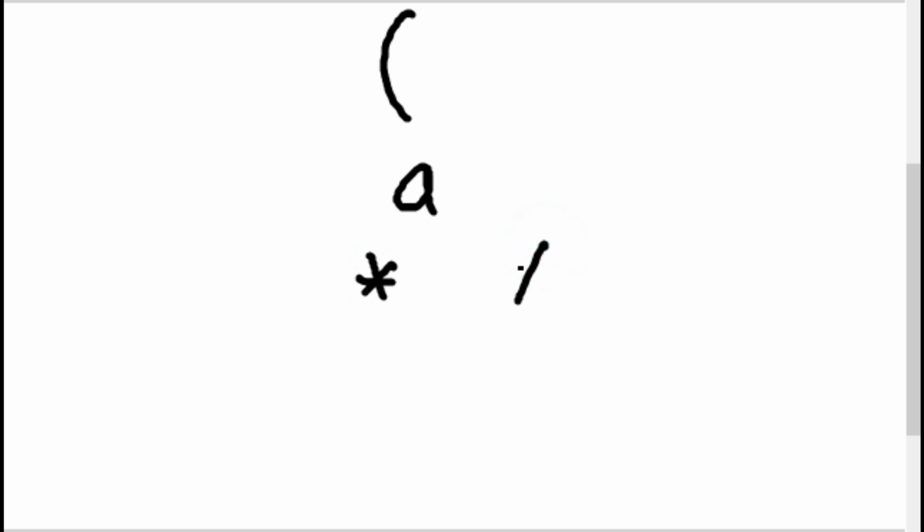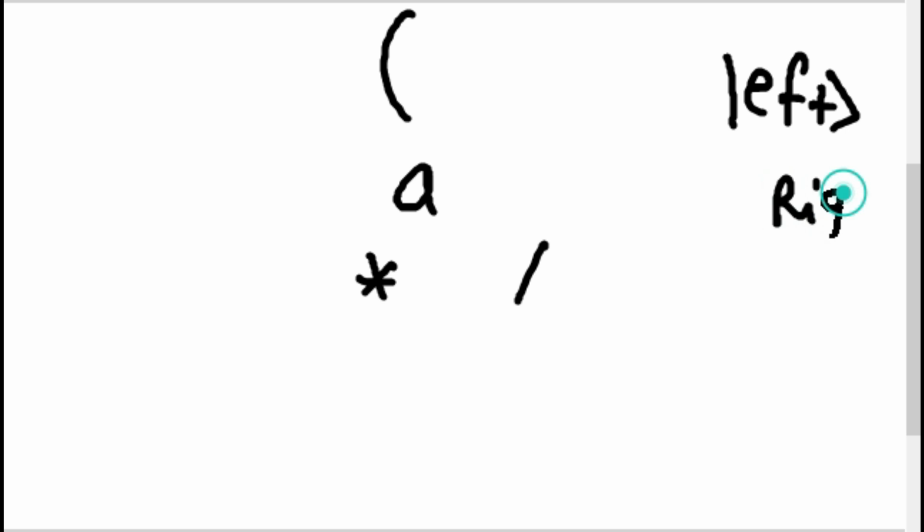Both of these have the same precedence, but the one on the left side will always have a higher precedence over the right side. And then there is plus and minus. Both of these have the same precedence. Precedence means priority, so both of them have the same priority. And then there is dollar at the last.